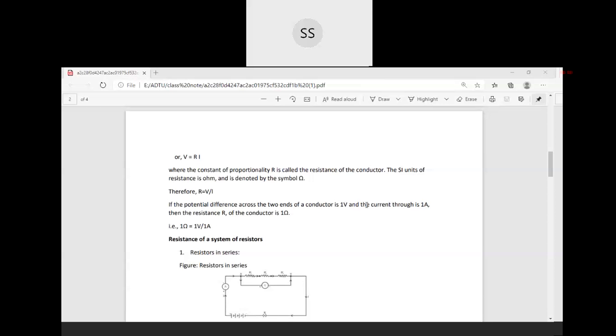You can write down: if in an electric circuit the current produced is 1 ampere and the resistance of the conductor is 1 ohm, then the potential difference across the conductor is 1 volt, or 1 volt equals 1 ohm into 1 ampere.